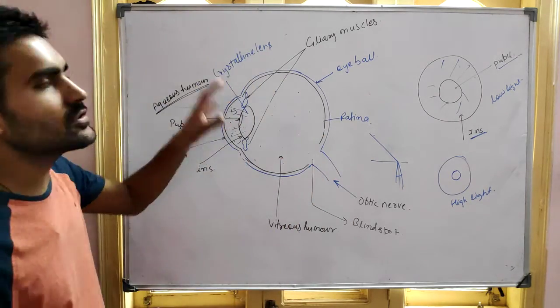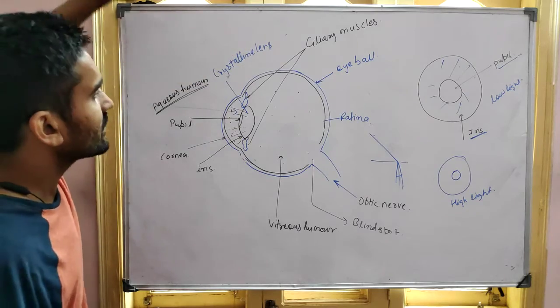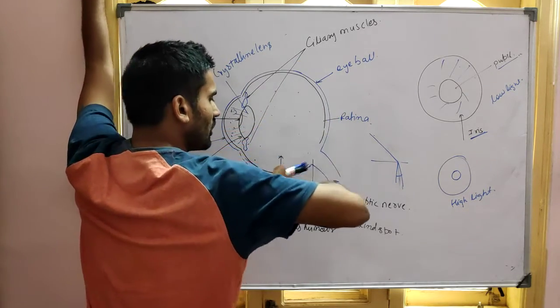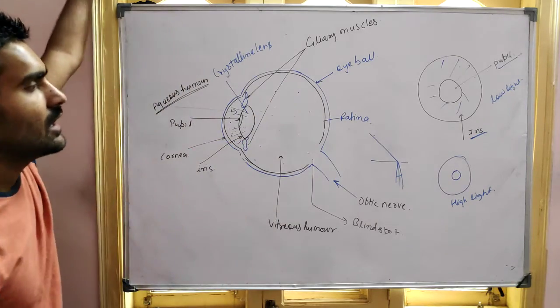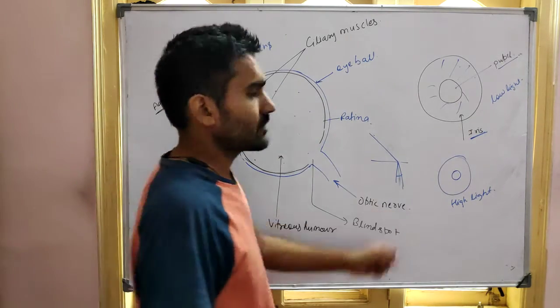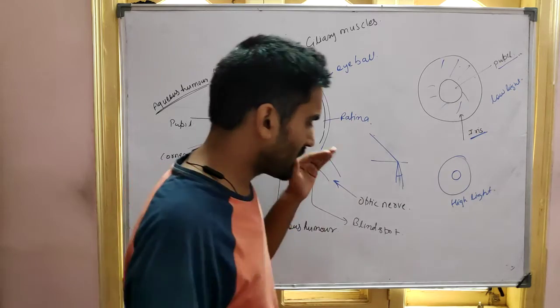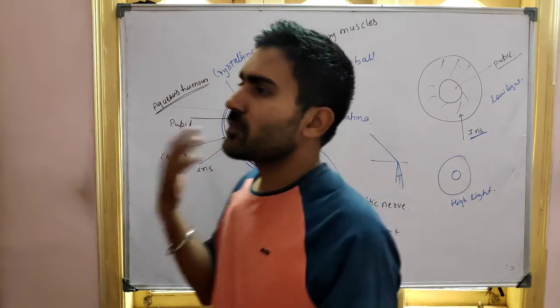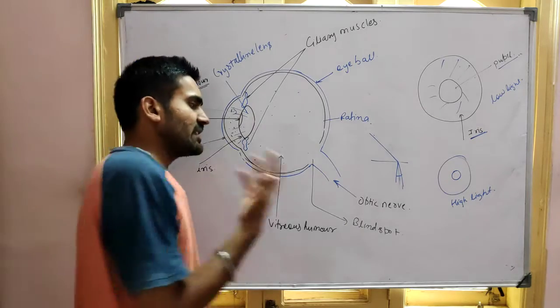So we will see how the focus will be changed later. Then it is an eyeball. The outer part of the eye is called eyeball, and this is the optic nerve. This optic nerve goes to the mind directly, and it will show the picture to the mind. Mind will sense the picture.